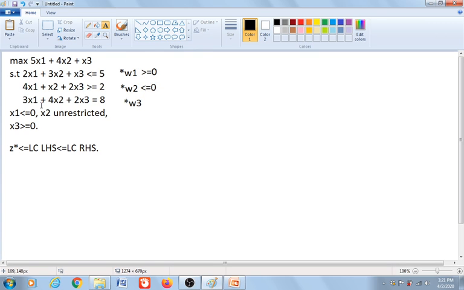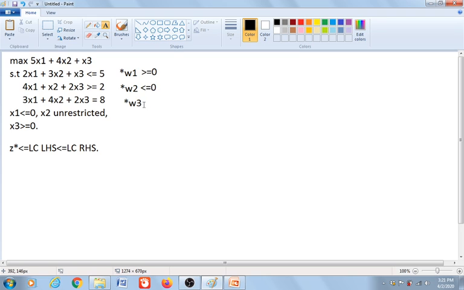Now see the third constraint, the left hand side equals the right hand side. According to the weak duality theorem, the left hand side must be less than or equal to the right hand side. So the sign here is equal, so it follows the weak duality theorem.